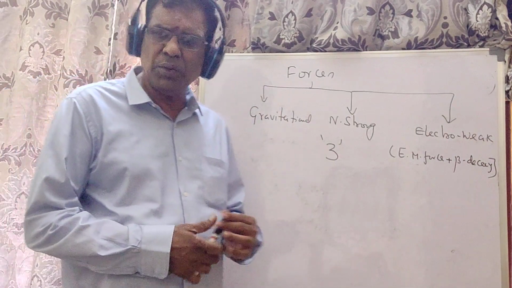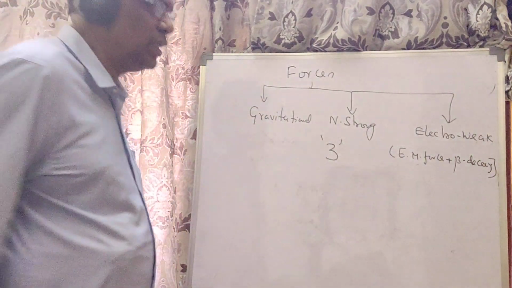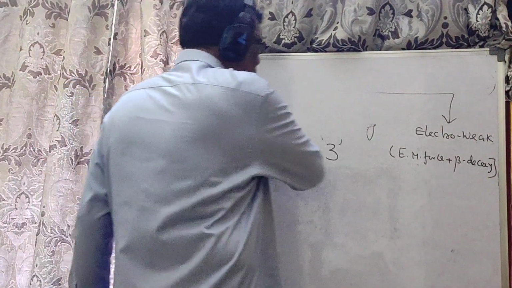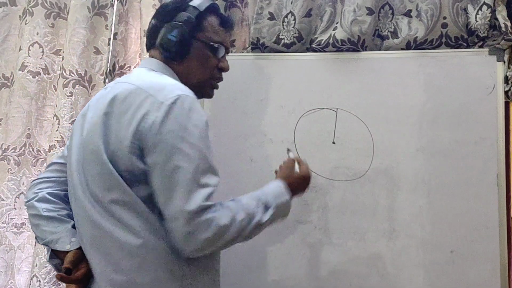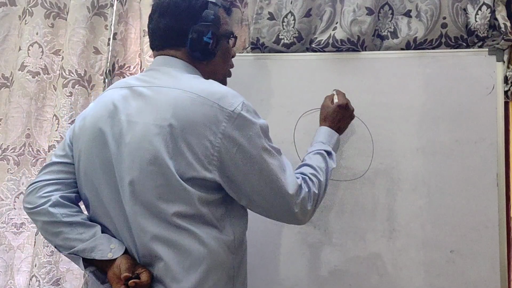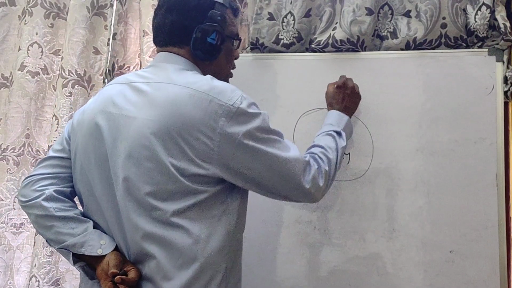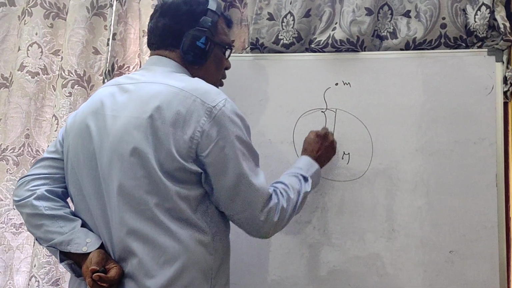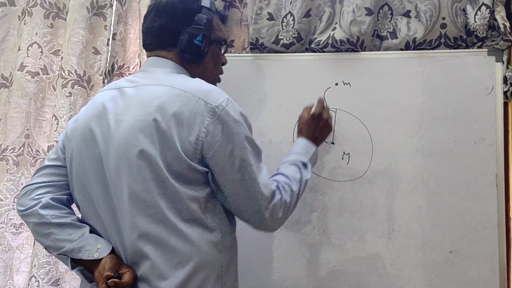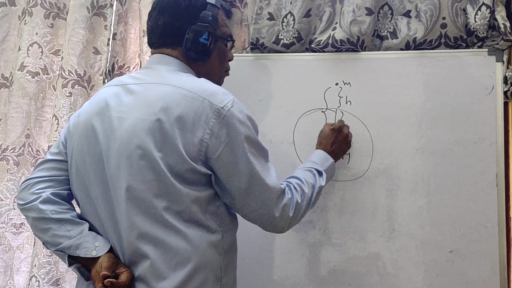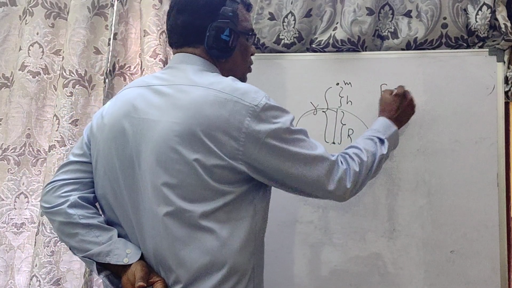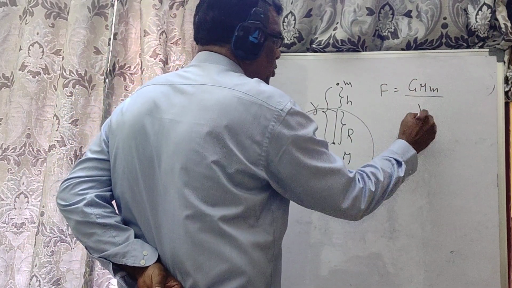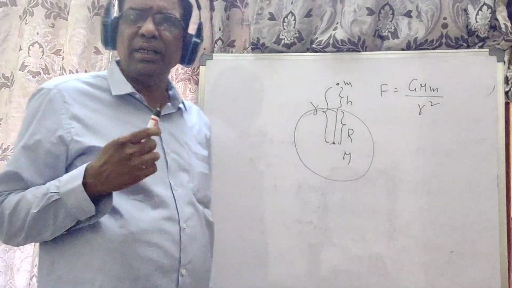Well, gravitational force, I can't discuss all the details at this stage, except that if you place a huge body, a planet or star or any body, its mass is capital M, the other mass is small m, and the distance between these two is r, the radius of the planet, and the force of attraction between these two, magnitude-wise, is GMm by r squared.